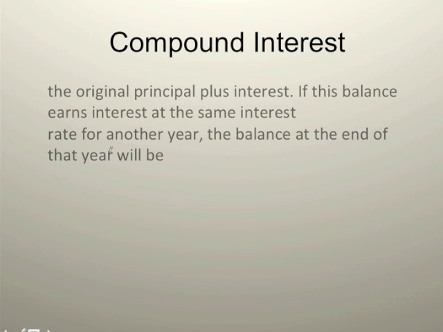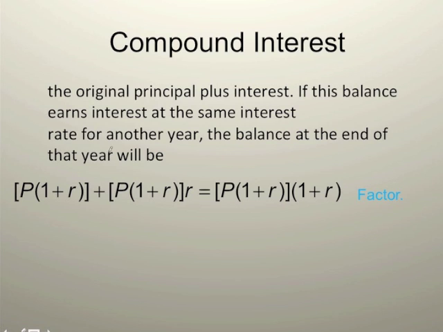If the balance earns interest at the same interest rate for another year, the balance at the end of that year would be the interest in the first year plus that amount times the rate for the second year. Factoring that, we have P and an R, 1 plus R, and another 1 plus R. We factored it. Or P times 1 plus R, the quantity squared.